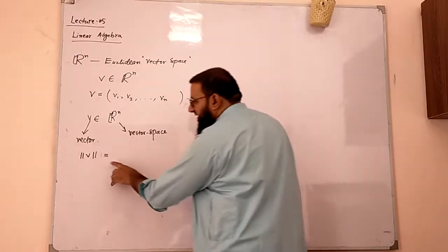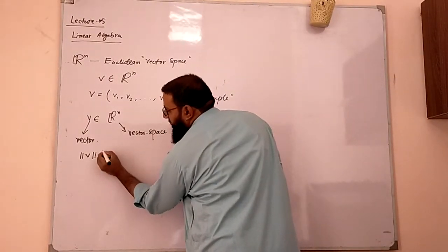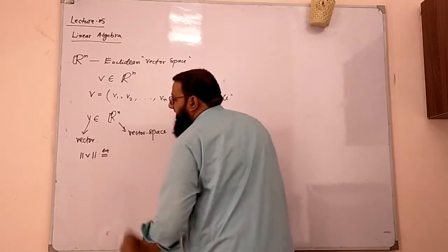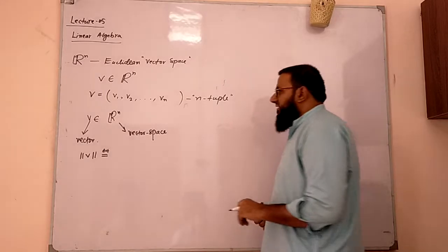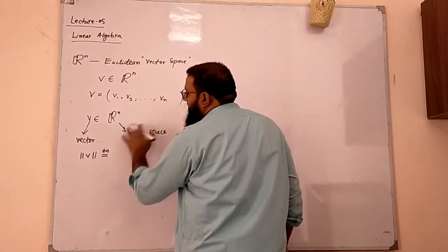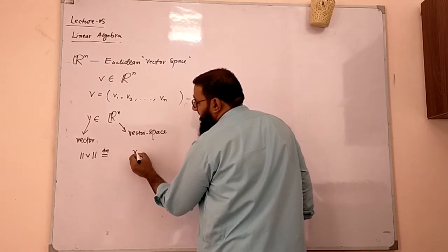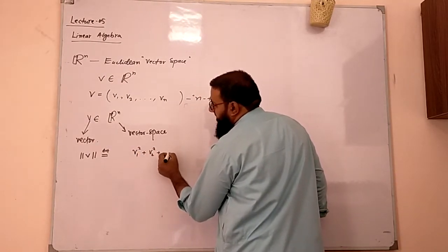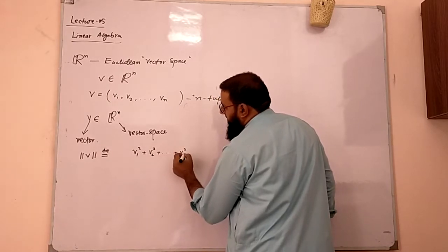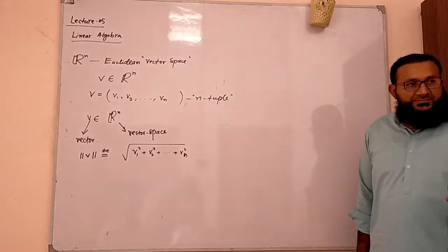For definitions, either I will write it out, or whenever you see these 2 signs with DEF written on top, we call it a definition. So what is the norm of this particular vector in Rn? That is simply v1 squared plus v2 squared up to vn squared, and the positive square root of that.